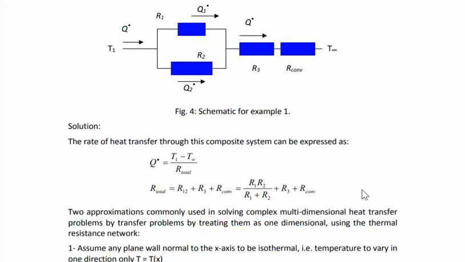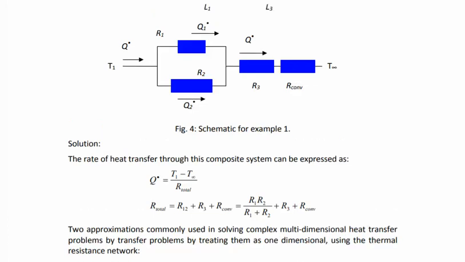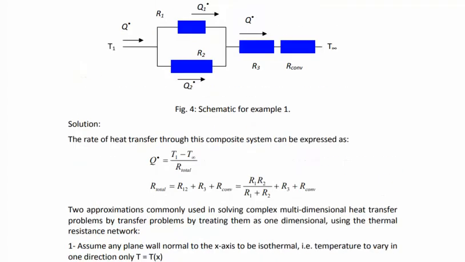We assume any plane wall normal to the axis to be isothermal, that is the temperature varies in one direction only, T is equal to T of x. And assume any plane parallel to the axis to be adiabatic. We have to consider that the system is adiabatic. These two assumptions result in networks where the actual result lies between the two results.